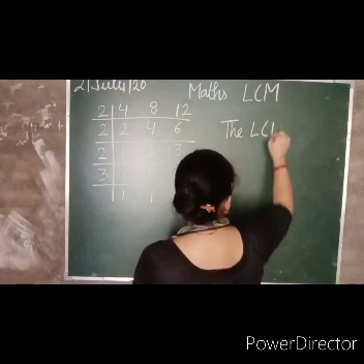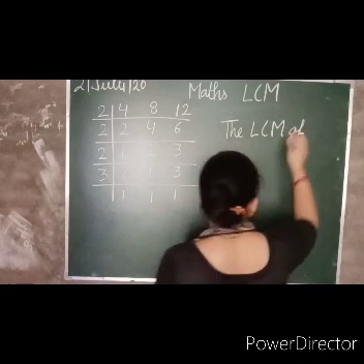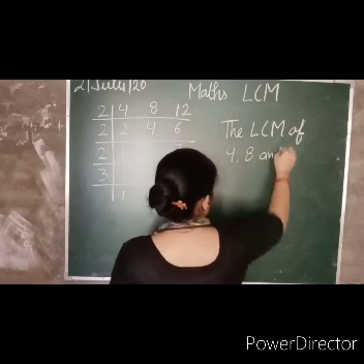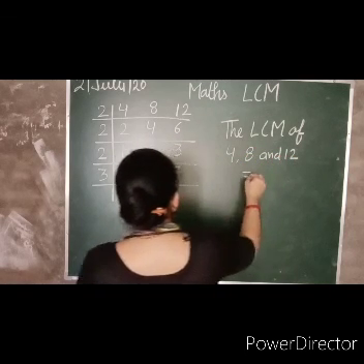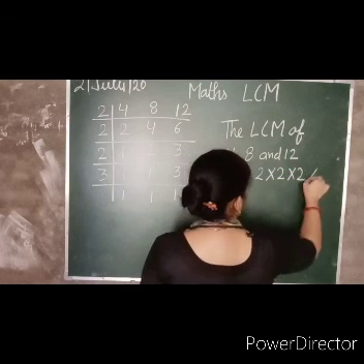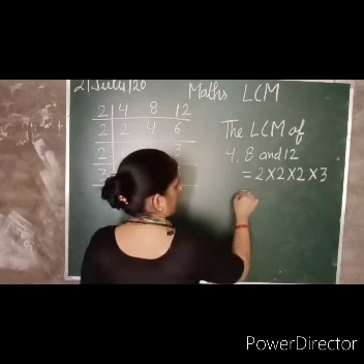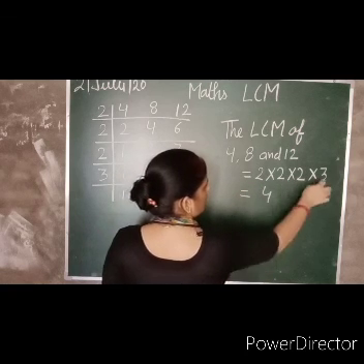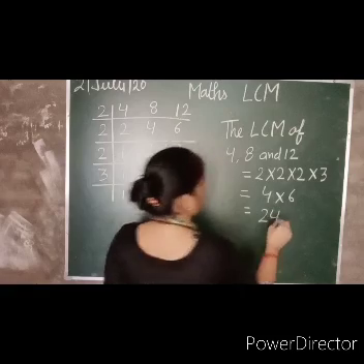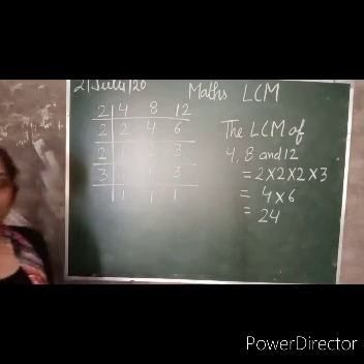The LCM of 4, 8 and 12 is equal to 2 into 2 into 2 into 3. 2 2s are 4, 2 3s are 6, 4 6s are 24. It means our answer is 24.